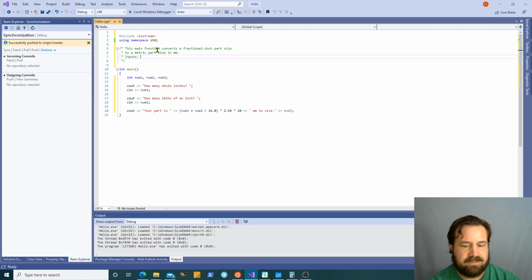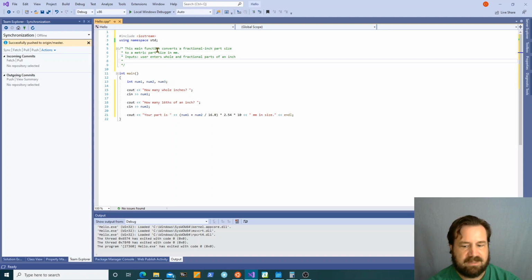Inputs: user enters whole and fractional parts of an inch. Outputs: program displays the size in millimeters.